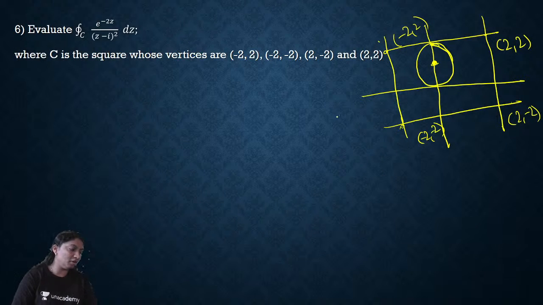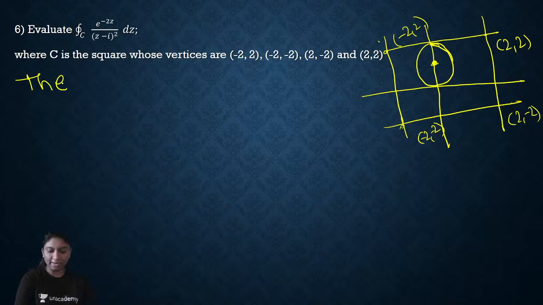Now see here, f of z is equal to, what is your f of z? f of z is equal to e raised to minus 2z. So the given curve is analytic everywhere except at z is equal to i.